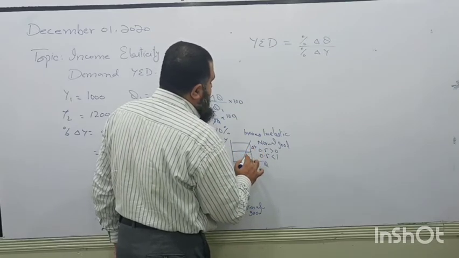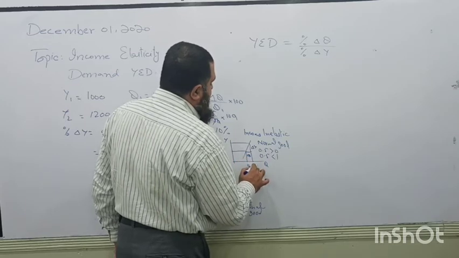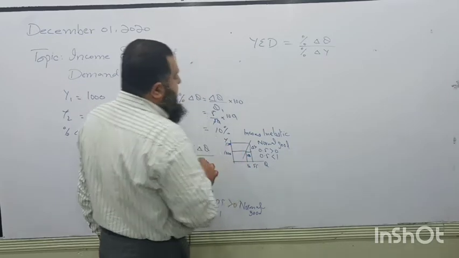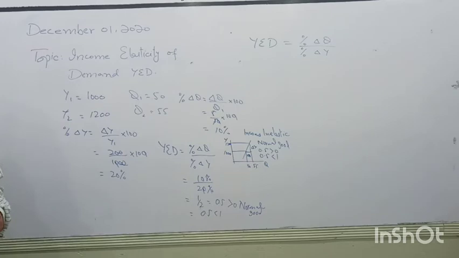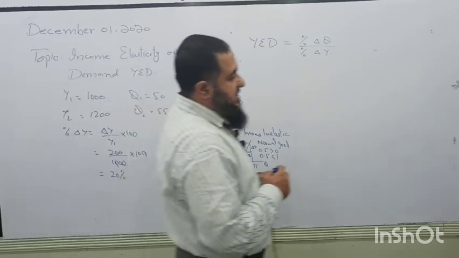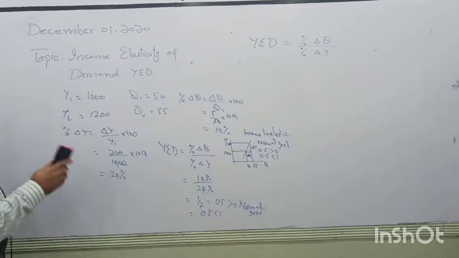There is the change in quantity from 50 to 55, and income has increased from 1000 to 1200. So the change in income is greater than the change in demand of this product. Keep it in mind, this is a normal good and you can find its income elasticity by using this formula of income elasticity of demand.